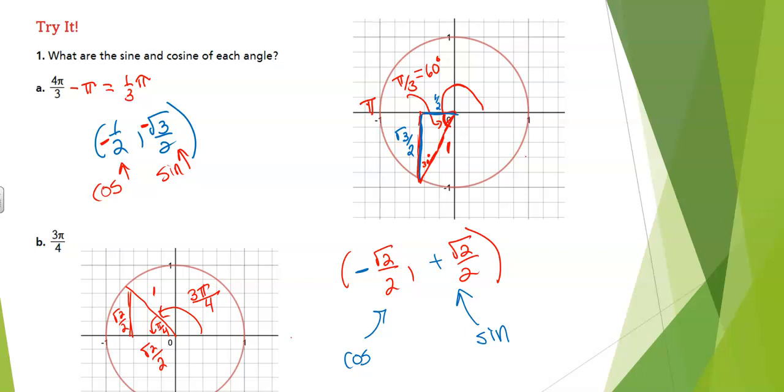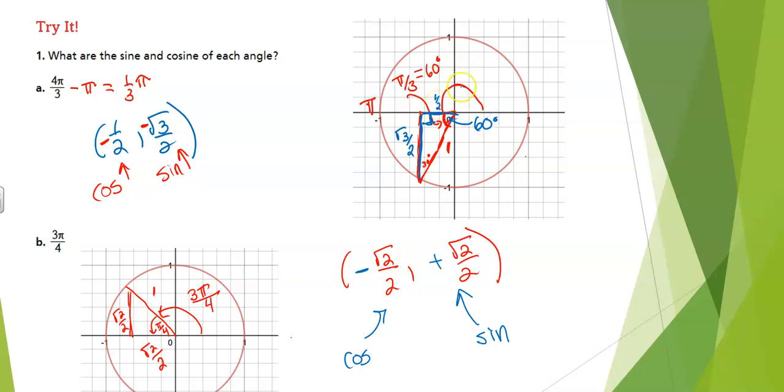So I looked at the 4/3 pi, and the first thing I did was subtract pi from it. So I knew that would give me 1/3 pi, and I remember 1/3 pi, or 1/3 of 180, is 60 degrees. So I knew this was my 60, 30, 90 degree triangle here. So my reference triangle is right here. So that's 60 degrees. It's a little hard to see from my drawing.